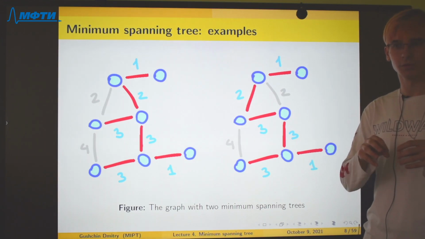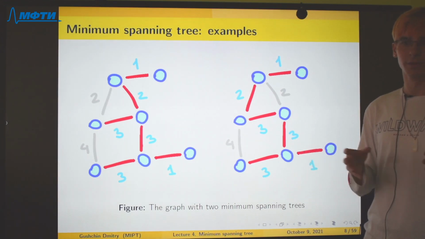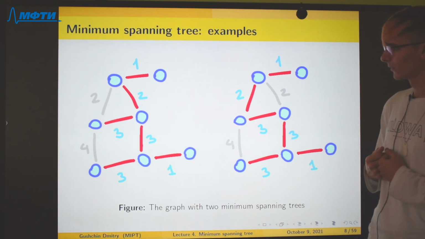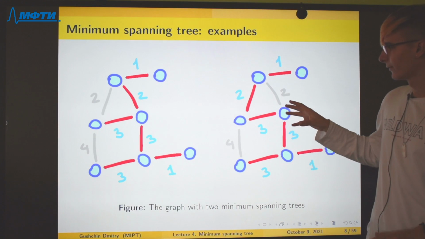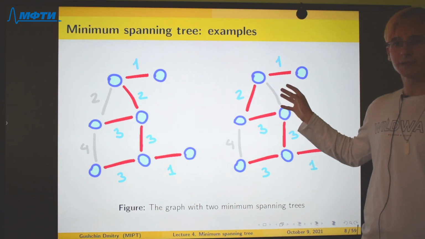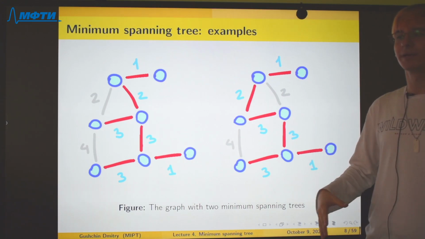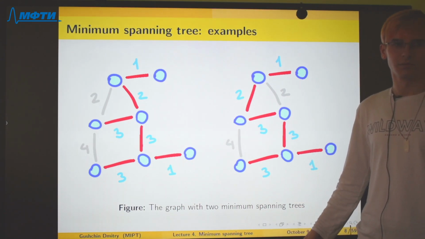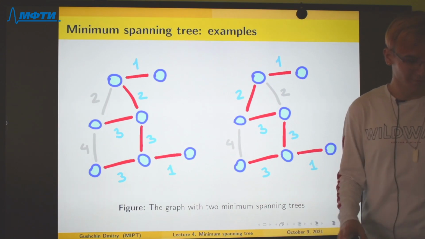Do I need to emphasize this? Well, we can have a case when some edges have the same weights, and we have only one minimal spanning tree.